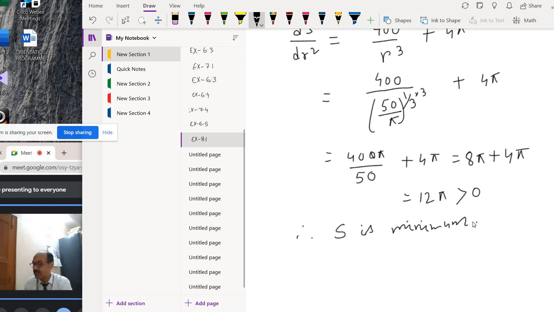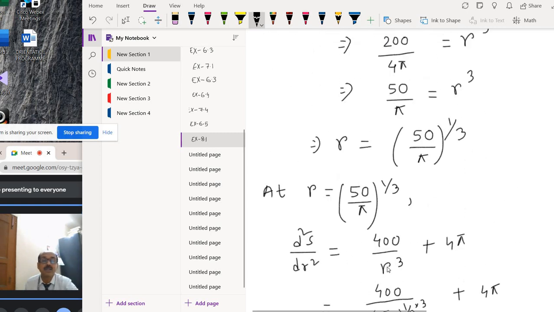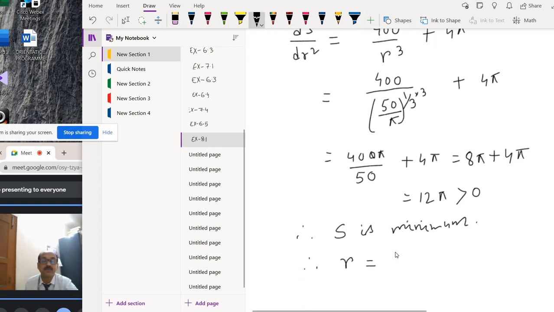So the minimum surface area occurs at r equals 50 by pi to the power 1 by 3. This is one dimension, the radius.